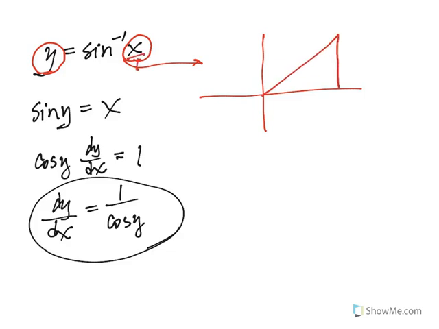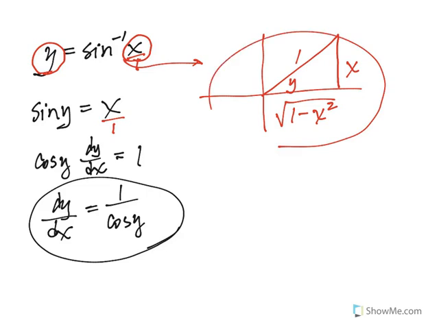And this ratio is x over 1. The sine of angle y is equal to x over 1, which is the opposite over the hypotenuse. So that part is x, that part is 1. Using the Pythagorean theorem, the missing side right here will be the square root of 1 minus x squared. And this is my angle y.